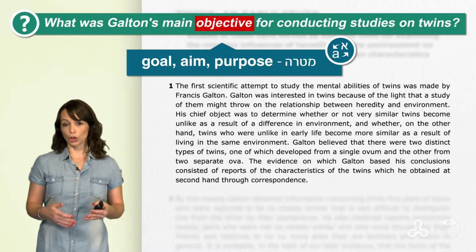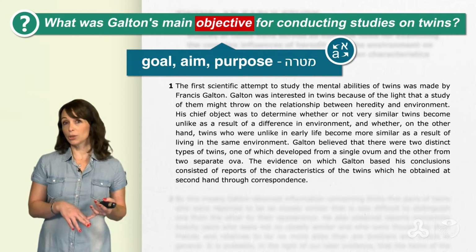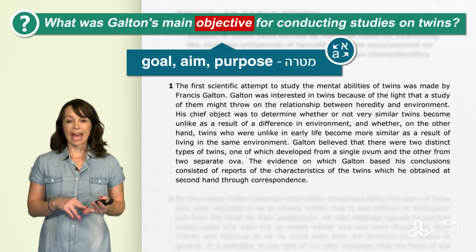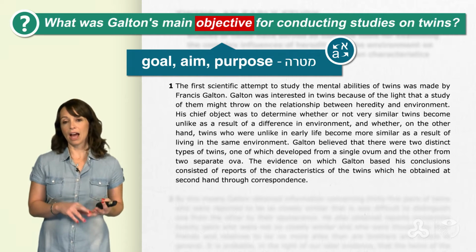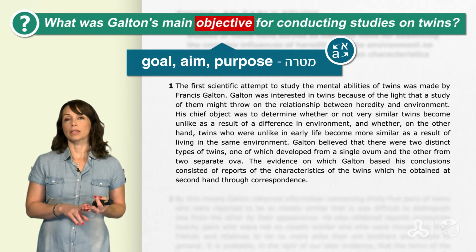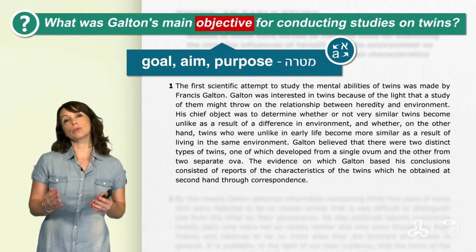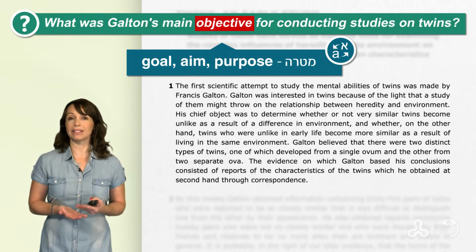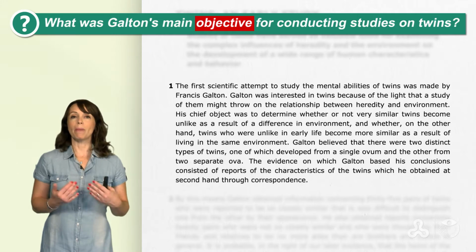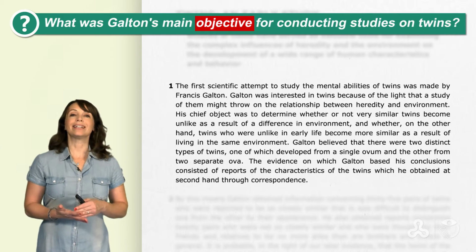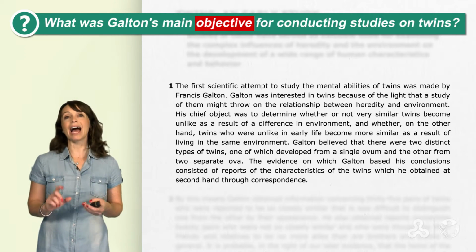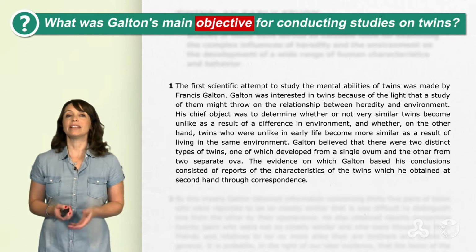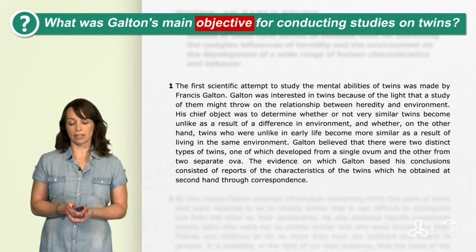Okay, so it is the word goal, כן, כמו בכדורגל, אותו דבר, goal זה מטרה. Aim, again, means מטרה, and the word purpose. So all three of these words and the word objective mean the same thing. So now let's look back at the question. What was Galton's main objective, כן, המטרה העיקרית שלו, for conducting studies on twins?